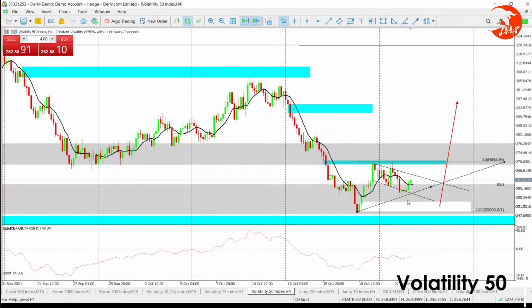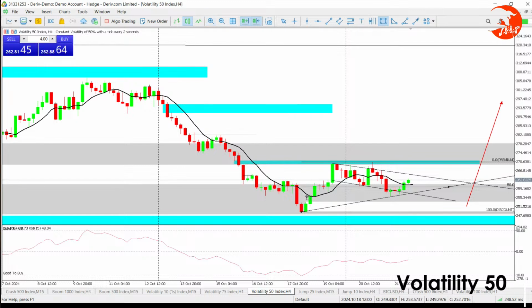Don't be surprised. But what we are looking for mostly, this fair value gap had already been mitigated on this level, so we are sort of looking for the mitigation around this area, the mitigation of this fair value gap.